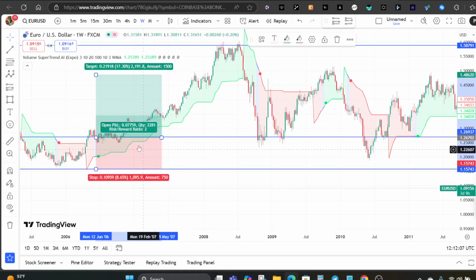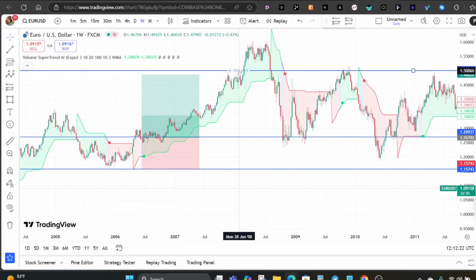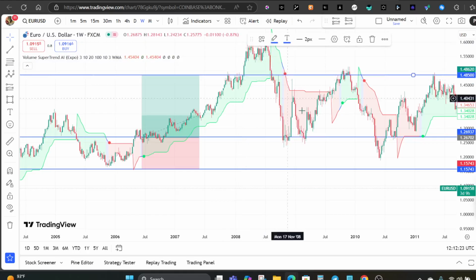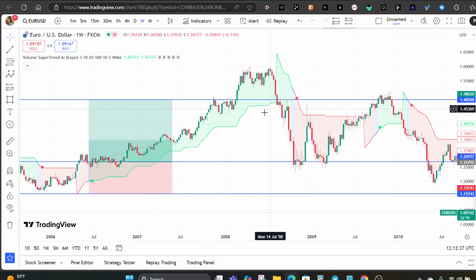You can see here we're having a risk to reward ratio of 2. It means if you're risking about 10 pips, you're aiming to make at least 20 pips. So even if we set our take profit around here, it's still going to be a good one because we are already making twice what we are risking.